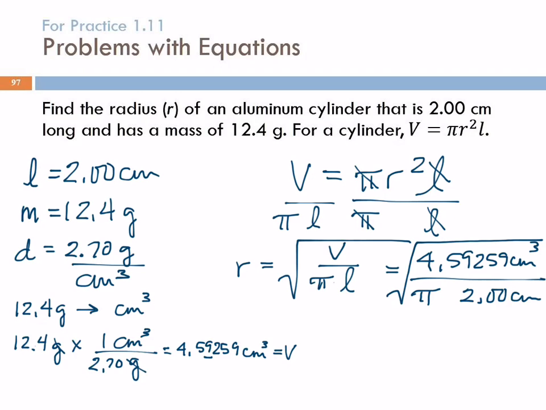And then we take the square root and we'll end up with centimeters. So 4.59259 divided by pi and divided by 2. And then I'm going to take the square root of that. And I'm going to come up with a radius, 0.854946 centimeters.